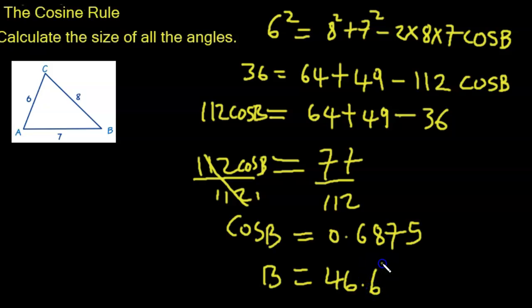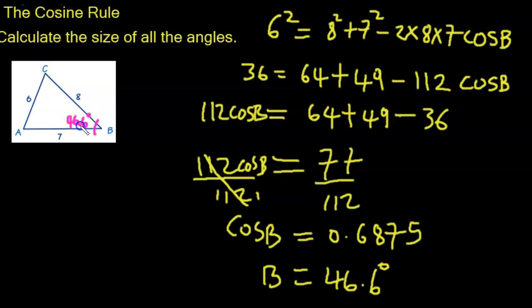So angle B is 46.6 degrees. Let's find another angle. So now we know that this angle, angle B, let me use a different color, angle B, this angle is 46.6 degrees.